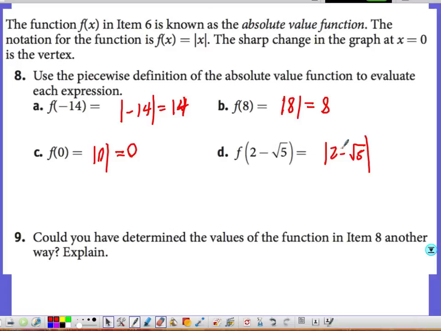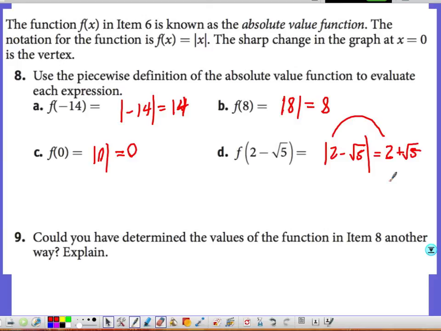And here we have 2 minus the square root of 5. This one's kind of tricky. Is this a positive or a negative number? Well, the 2 is positive, so the 2 is going to stay positive, but this minus square root of 5 is negative, so whatever is negative, we're going to change into positive. So here's the absolute value.